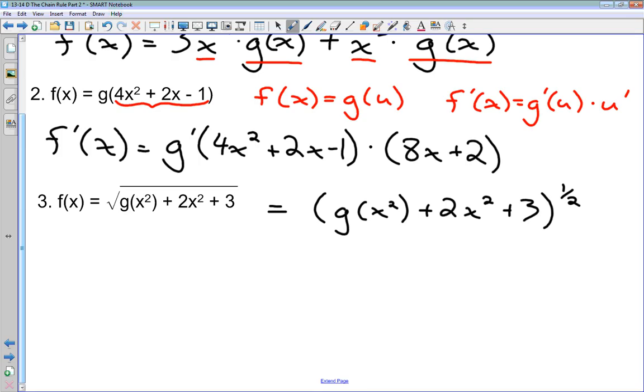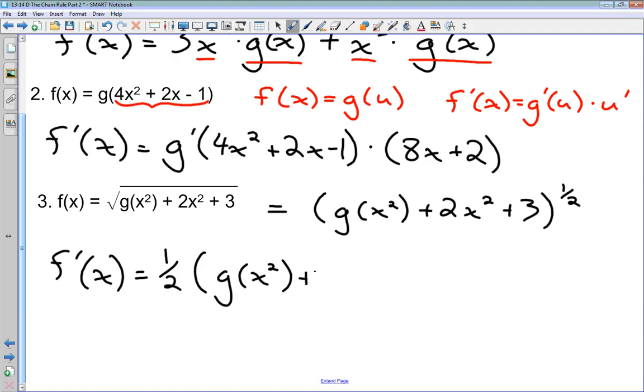We're going to have to use the chain rule here to get our derivative. So our outermost function is everything to the exponent 1/2. So we're going to bring down that 1/2, keep everything inside the bracket exactly the same, so g of x squared plus 2x squared plus 3. Subtract 1 from our exponent, we get an exponent of negative 1/2.